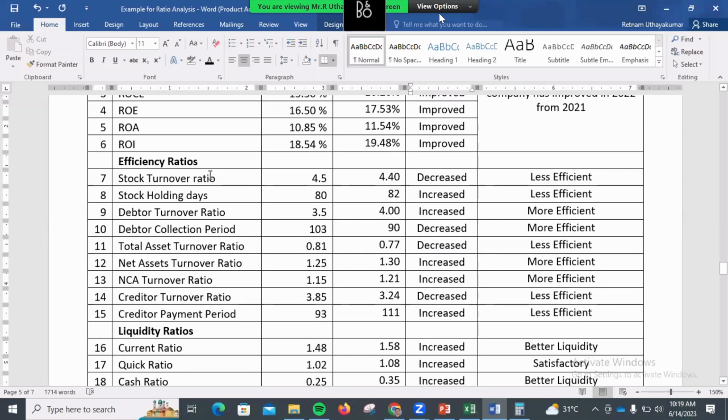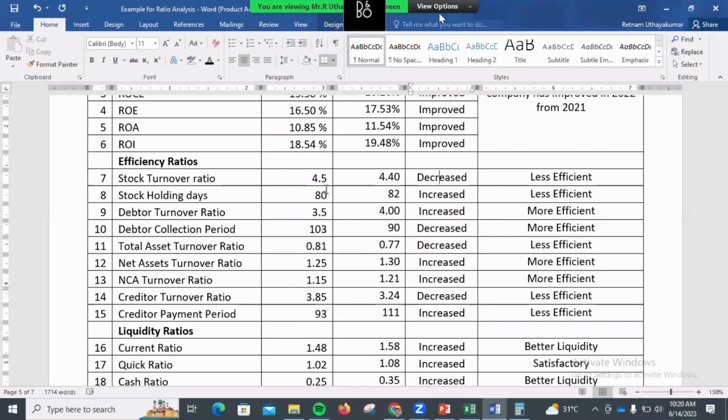Here you want to recall the knowledge about the indicators and objectives. Stock turnover: you have learned that a higher turnover ratio cannot indicate efficiency, and lower also cannot indicate efficiency. It should be at a moderate level. But in comparative terms, when you find an increase, you can say that efficiency is better.